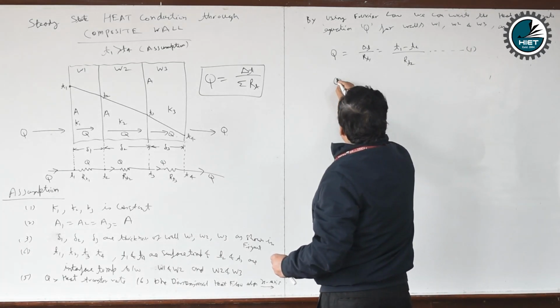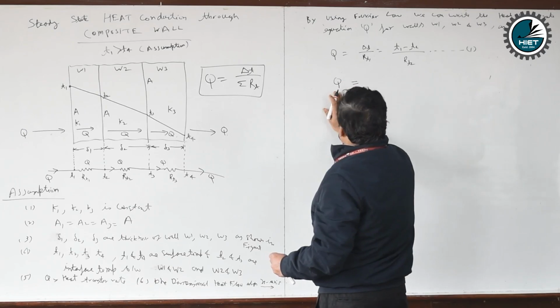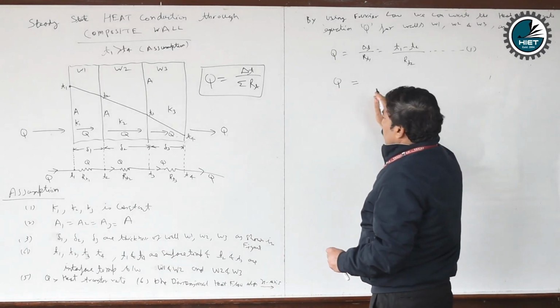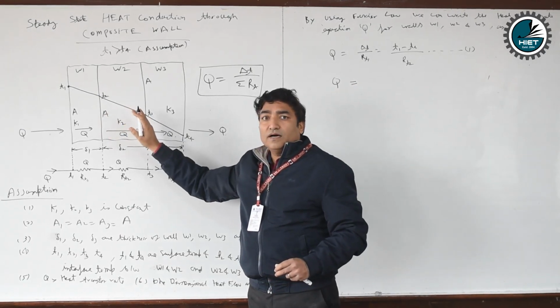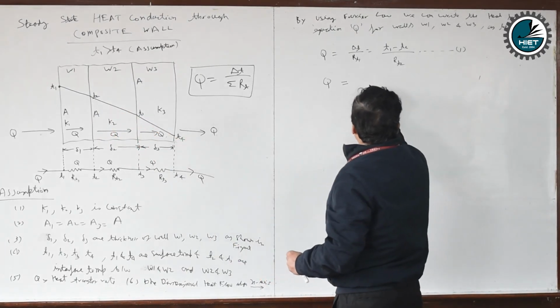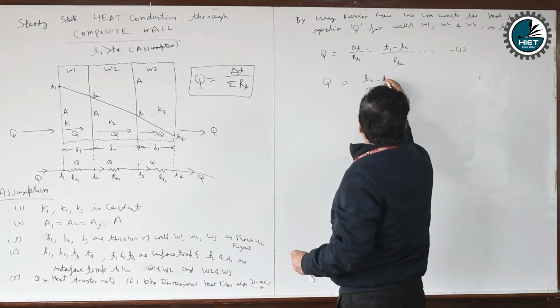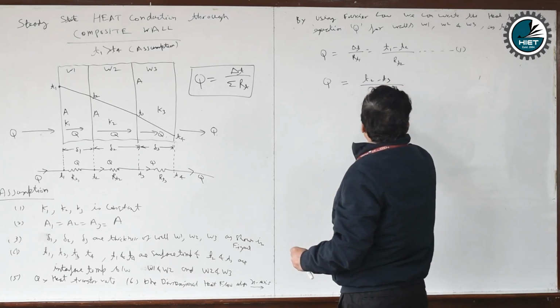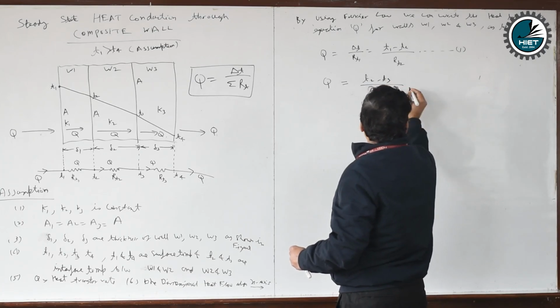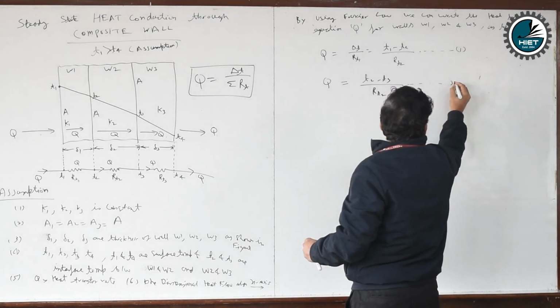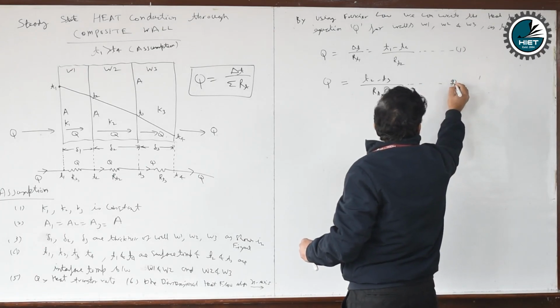Now again for wall 2, the same heat transfer rate Q, and the temperature difference is T2 minus T3 upon the resistance for wall 2, RT2. Let me call it equation 2.